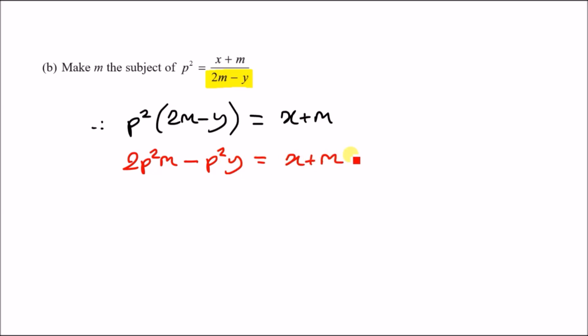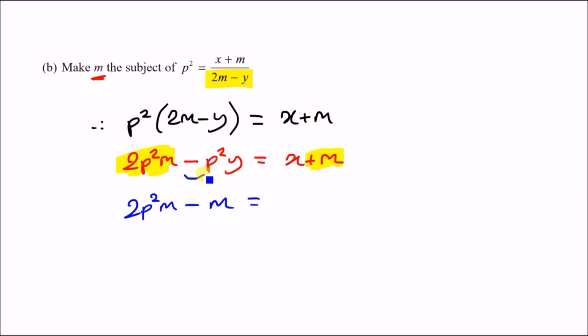Now, a nice trick is to line up all the terms you're interested in on one side and the terms that don't have m on the other side. Now we want to move plus m to the left, and then move the rest to the right. So 2p squared m stays here. We minus m across.